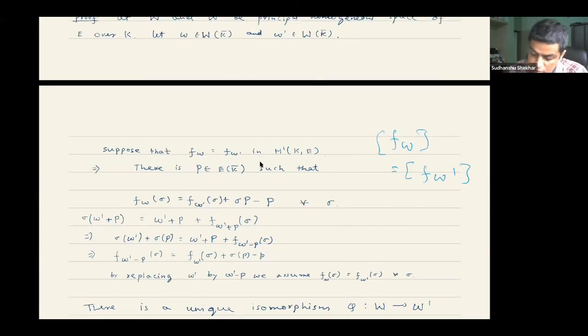But let us first, instead of saying the class, see what happens if these two functions themselves are equal.